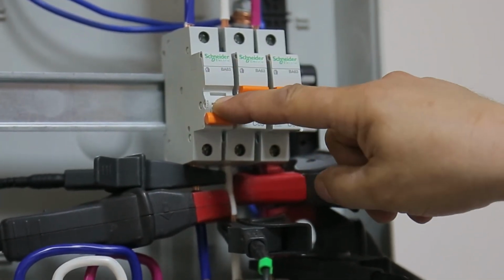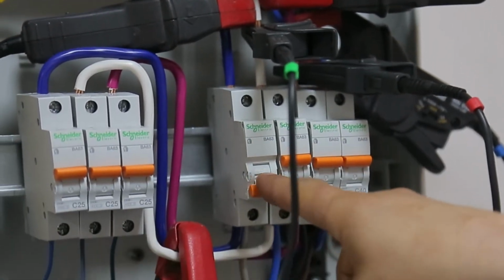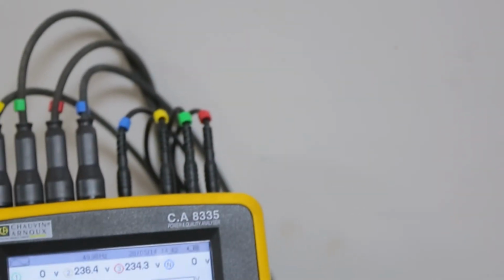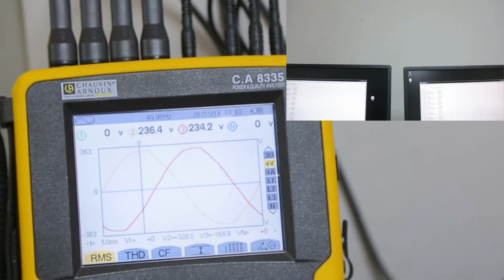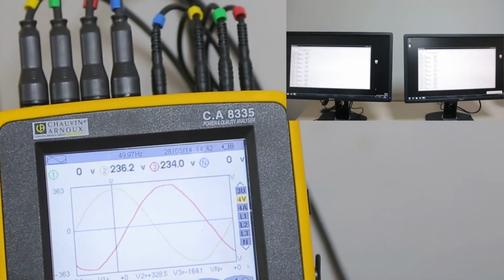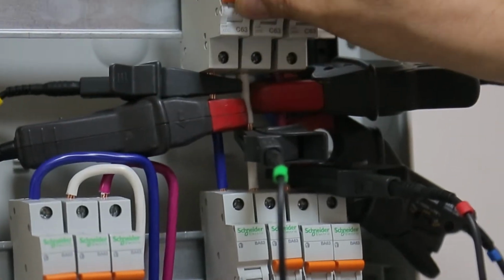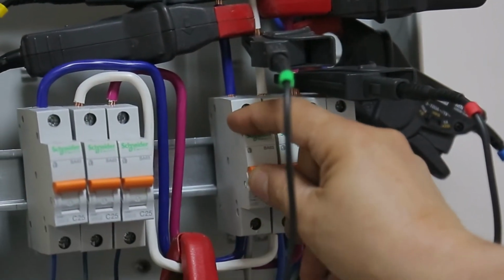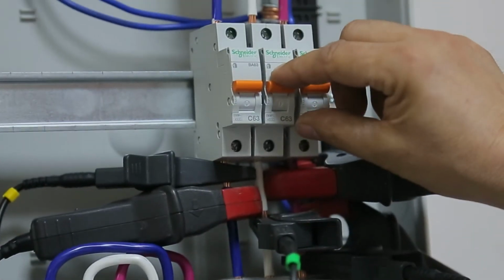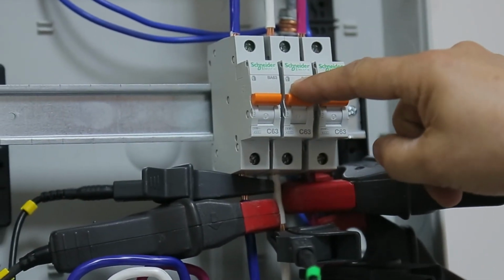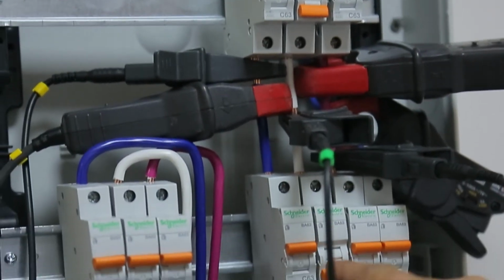The A phase is disconnected with a two one-phase automatic circuit breaker. On the measuring analyzer it can be observed that the A phase is absent, but computers are working. The A phase is restored. The B phase is disconnected with a two one-phase automatic circuit breaker.